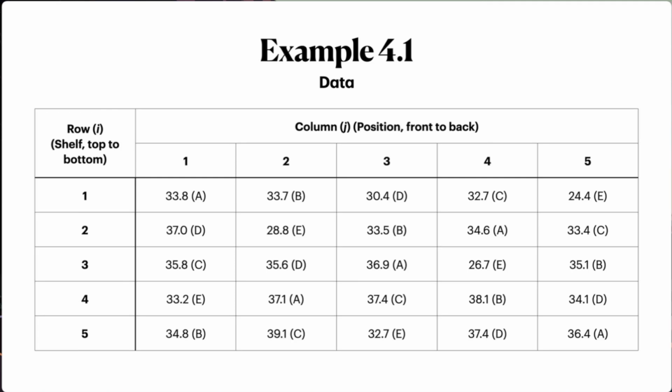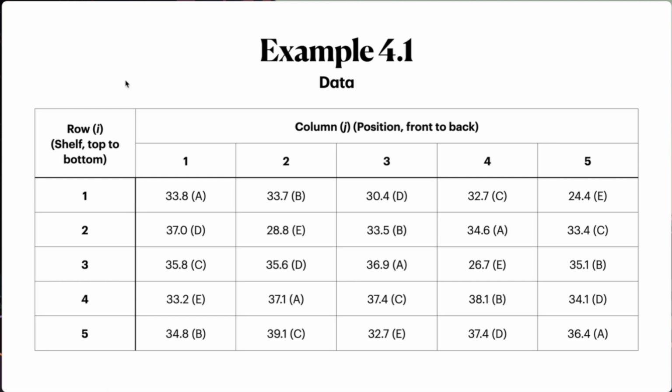Now in this particular situation, the row blocking factor corresponds to the shelf from top to bottom in the oven, and the column blocking factor corresponds to the position on a particular shelf from front to back.